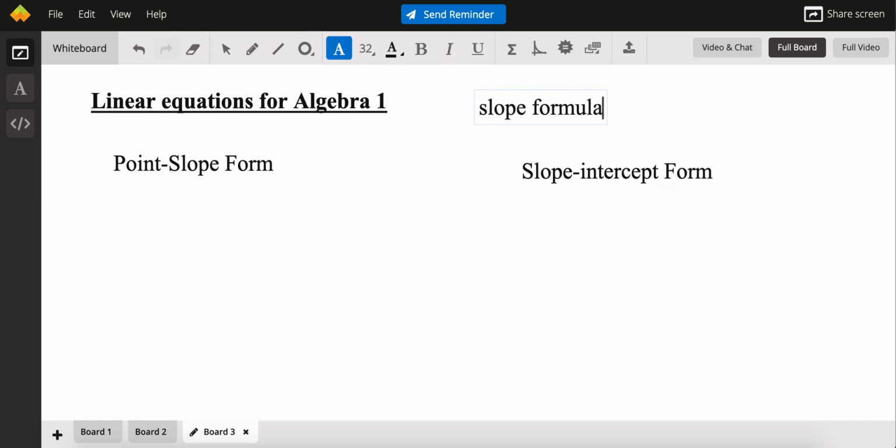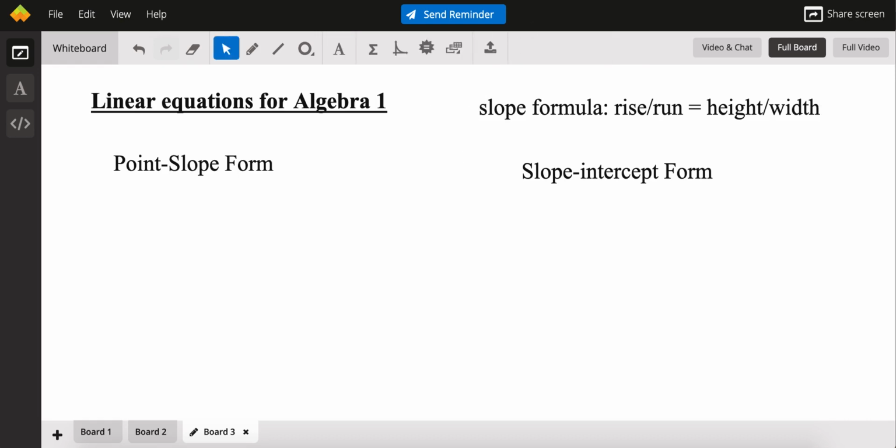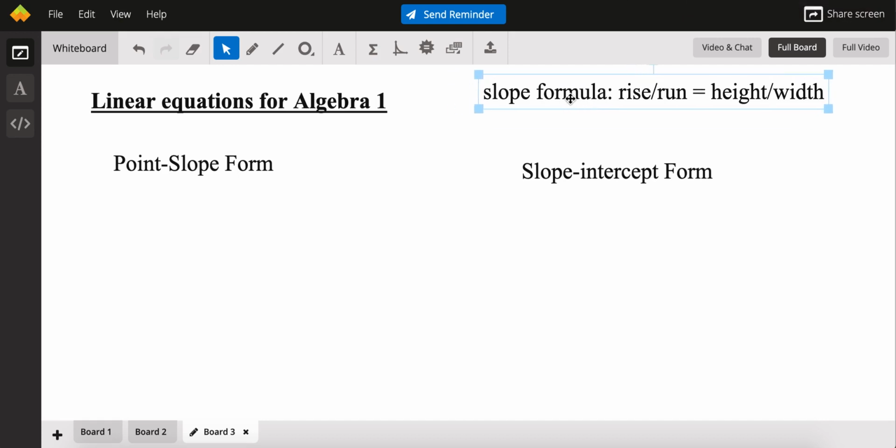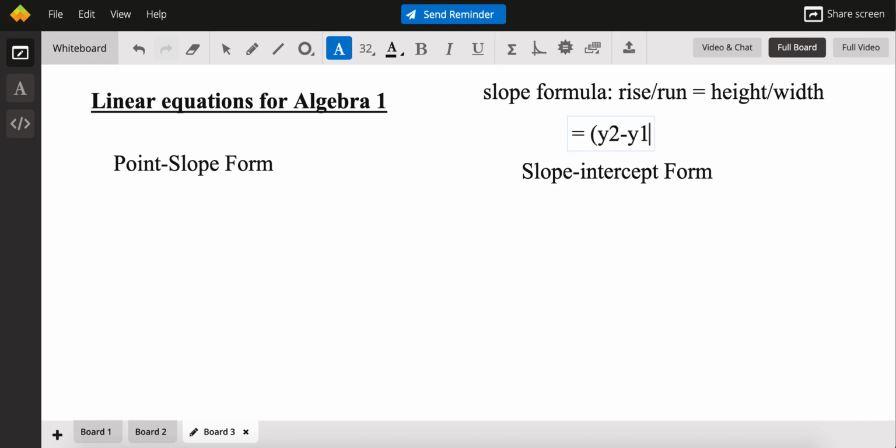So here's the slope formula. If you ever need to find your slope, it's usually known as rise over run, which is kind of like saying height over width. So that's usually known as height over width, and the formula is your first y coordinate minus your second y coordinate divided by your first x coordinate minus your second x coordinate.